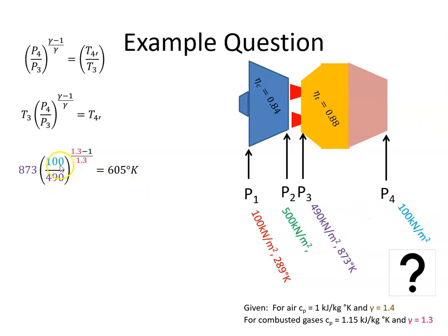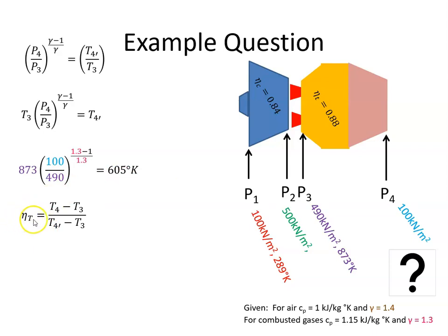The output is 100 kilonewtons. And we're told the gamma for combusted gases. So we've air and fuel in the turbine nozzle area, so the ratio specifically is changed. So that's 1.3. When we do that, we get an ideal temperature for T4 of 605 degrees Kelvin.